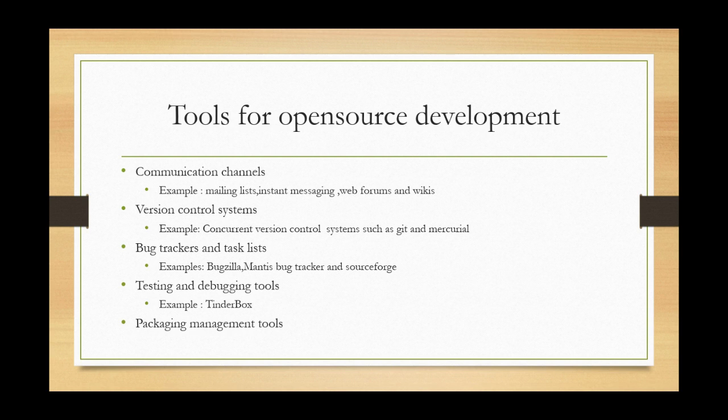So the version control system is a very important tool needed to facilitate collaboration in the development of open source. For example, we have what we call the concurrent versions system.